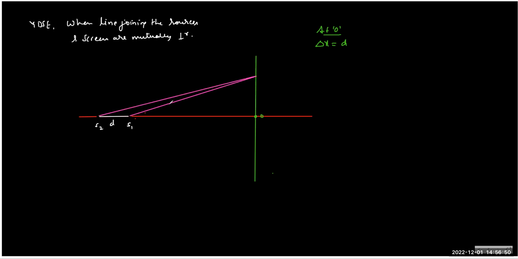So if I call this theta, this will also be theta because we know this is very small. This is perpendicular, and this is the path difference.